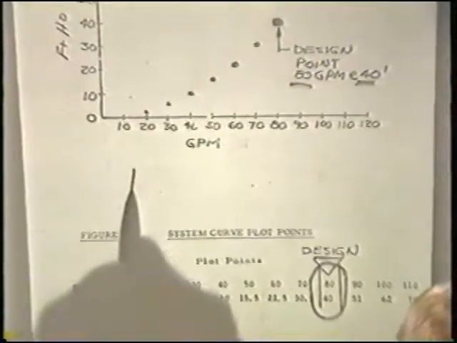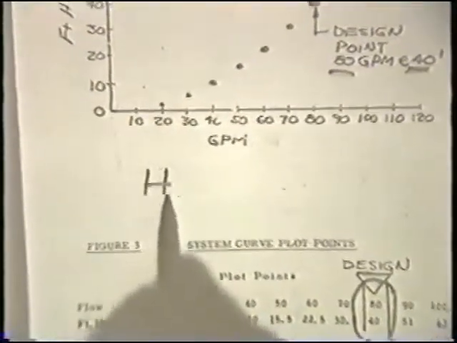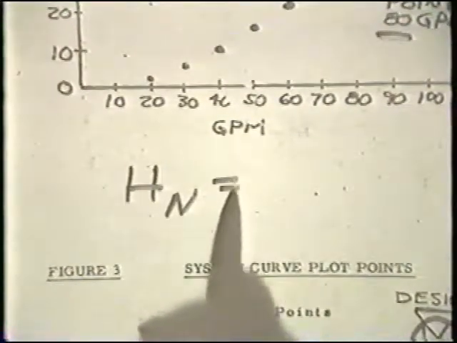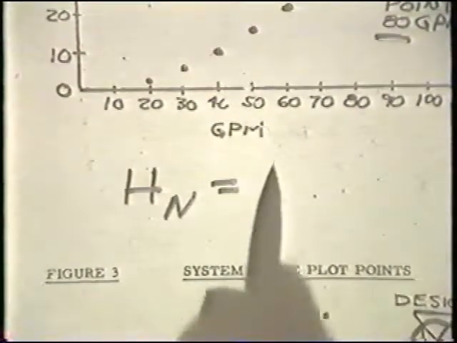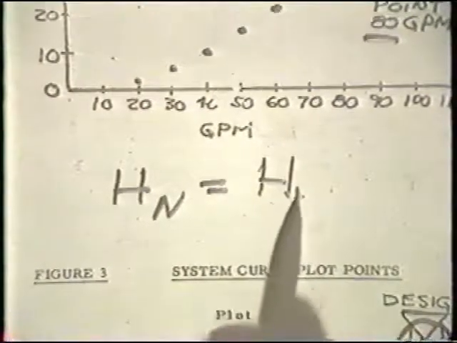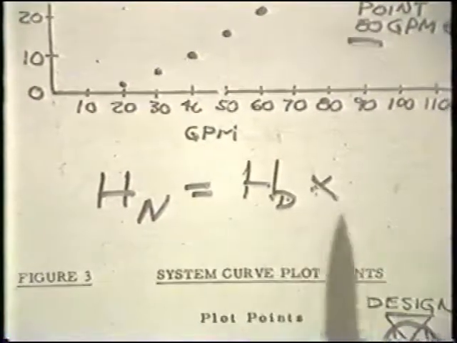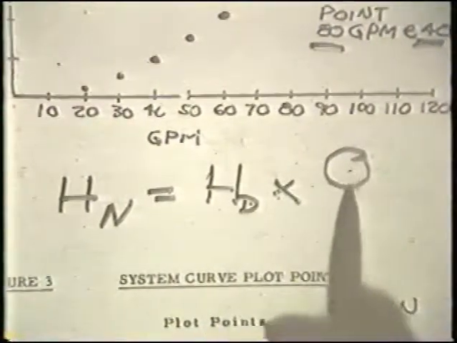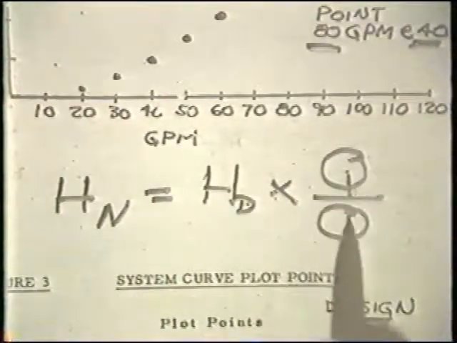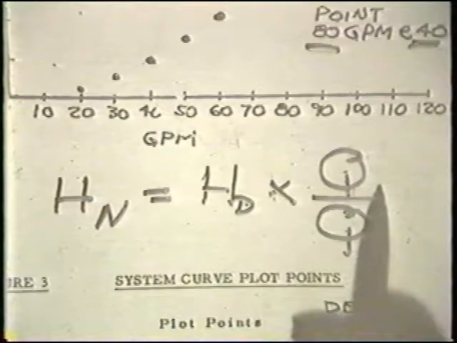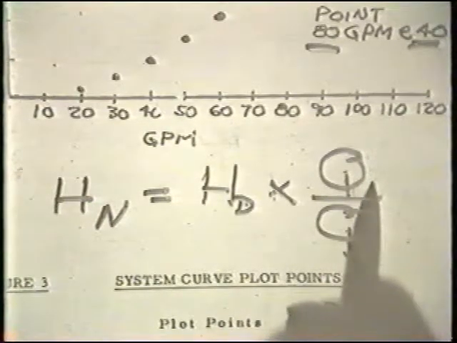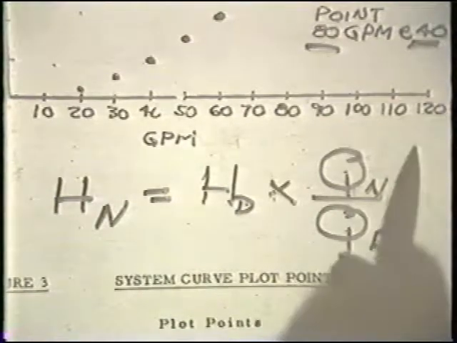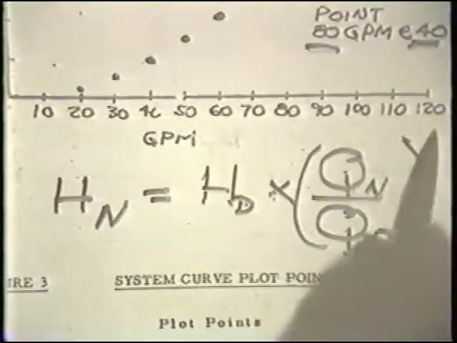And the head that will be developed, we can call H new, is equal to the design head times the flow rate change in the system, which is Q sub N divided by Q sub design, and that quantity squared.